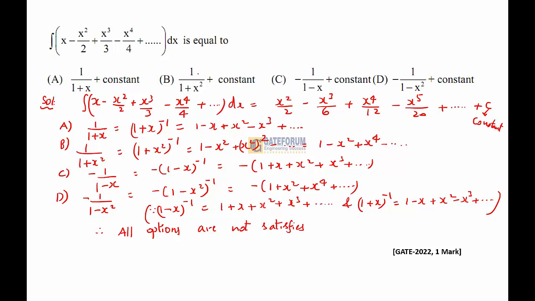That is, the value of the given integral is not equal to any one of the options. Okay, so marks to all students for this problem.